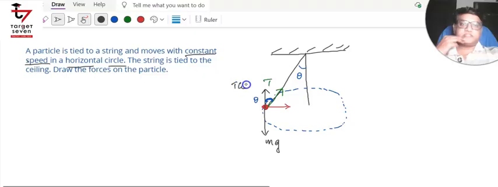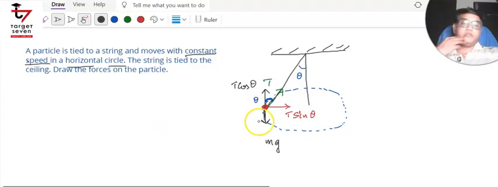And the other component here can be written as T sin theta. I understand that the vectors that have been drawn here are not to scale. So let me redraw the mg here. That force here will be equal to mg.